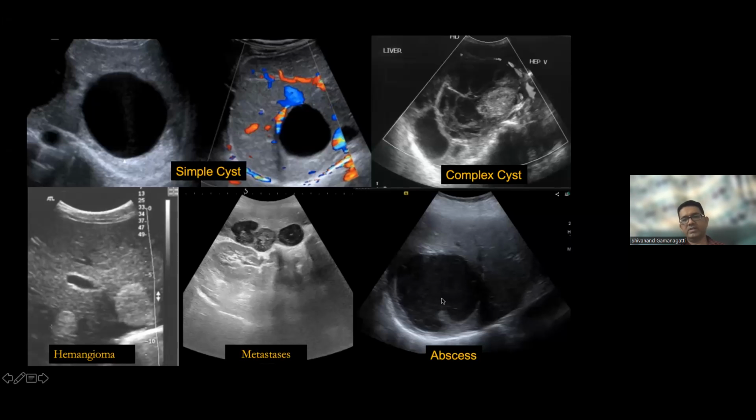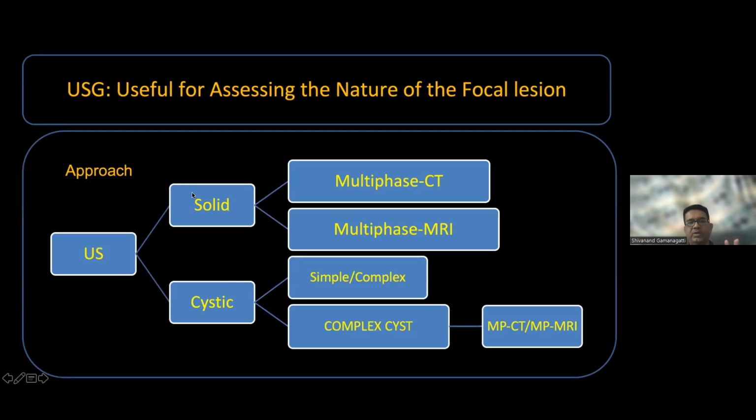I will show these cases in a broader perspective, but just remember that ultrasound is the initial modality, helps to differentiate into solid and cystic, and any solid lesion in the liver further needs to be evaluated by multiphasic CT or MR, depending upon your availability. I will talk about which is better, CT or MR, subsequently.